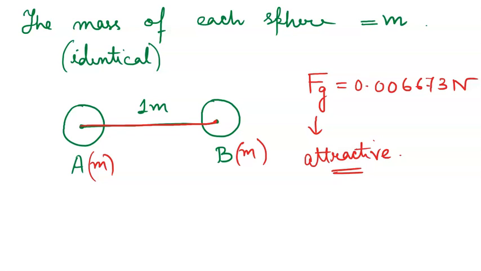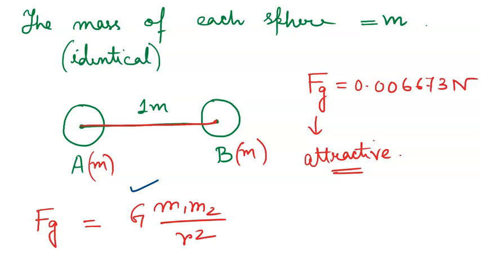So we know from the law of gravitation that the gravitational force is equal to capital G m1 m2 by r square, where capital G is the universal gravitational constant, m1 and m2 are the two masses, and we take the product of the masses of the two bodies.